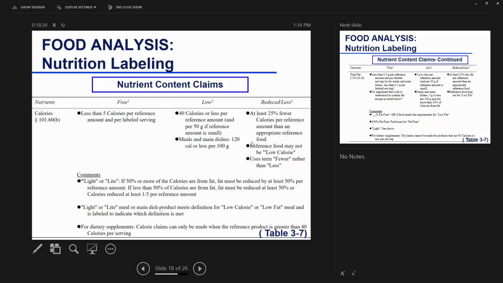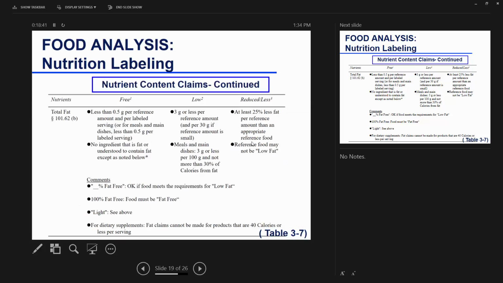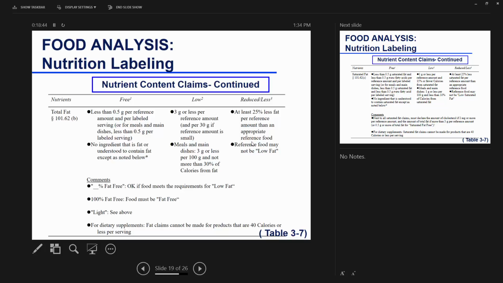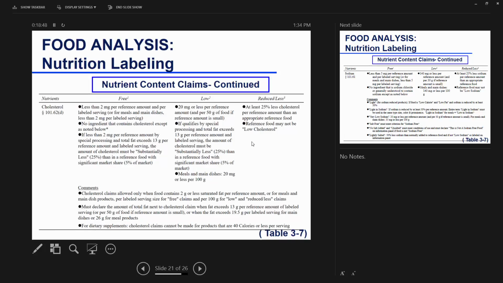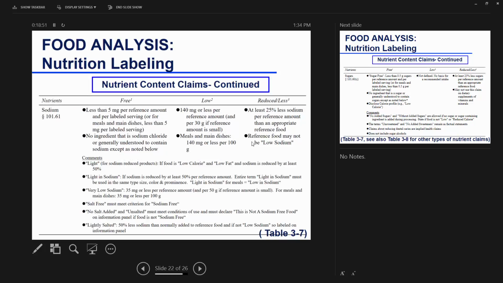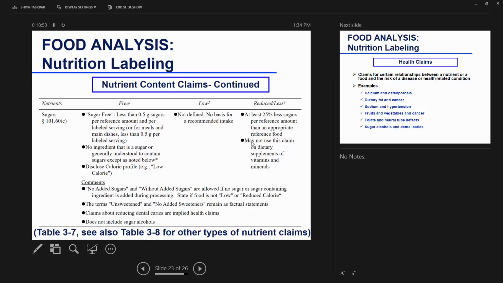You're going to create a nutrition label, and there's going to be a question asking what you can claim. You're going to look at the levels that you have and see what you can claim for sodium, for calcium, for protein, for calories. This is the table in your book, so it's just a reference to help you with your lab report. It just keeps going on.